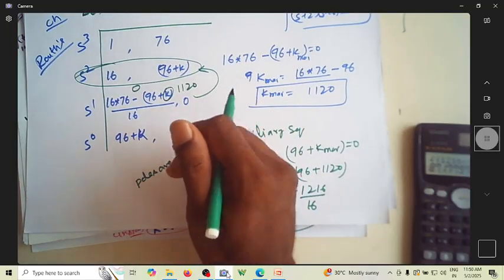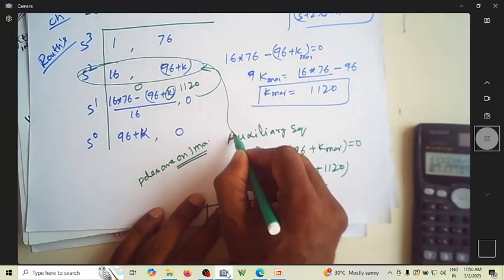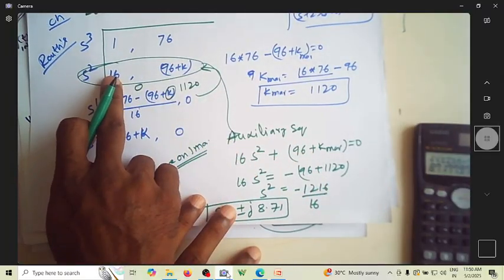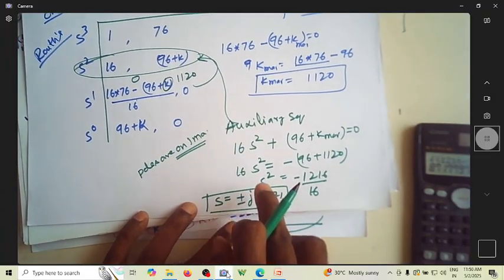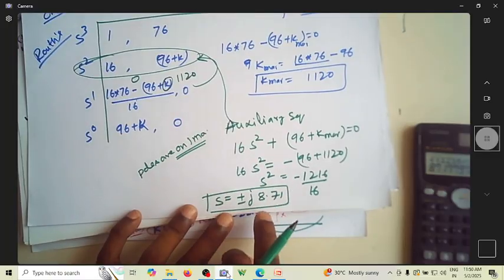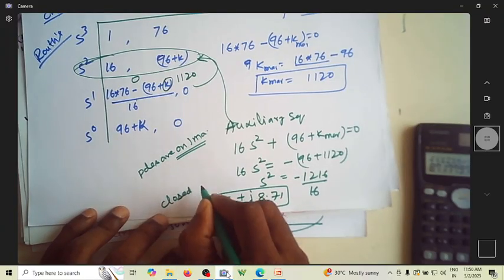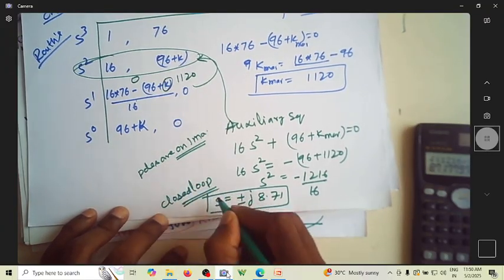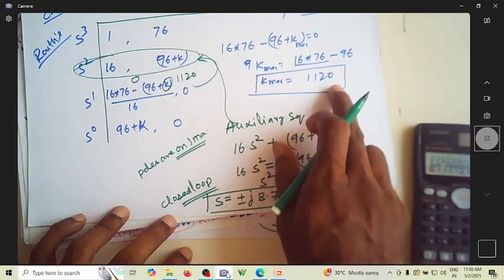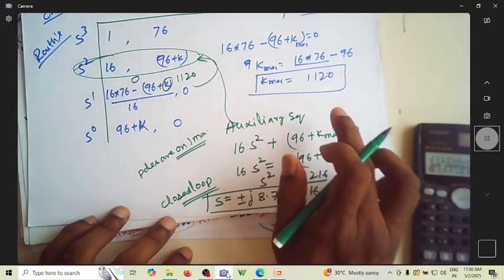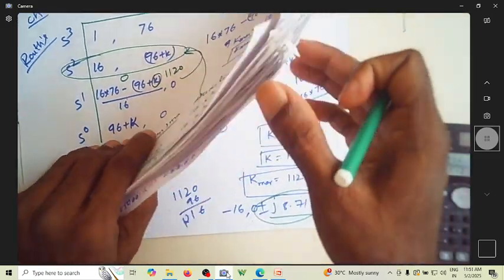Then how do we find the pole position? For that, I have to consider the auxiliary equation, which is the row above that zero row, which we wrote here, and then solve for the roots of that auxiliary equation. Those happen to be the closed loop poles for k equal to 1120, which means that the system is now oscillatory. The value of k is 1120. That's what we found here.